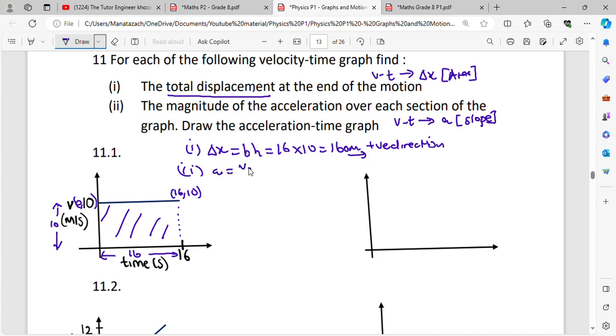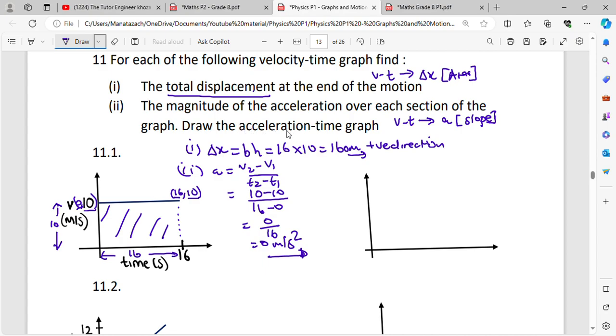Acceleration is v2 minus v1 divided by t2 minus t1. So that's the formula. Then v2 is 10 and v1 is also 10, so you'll have 10 minus 10 divided by 16 minus 0. So it will give us 0 divided by 16, which is 0 meters per square second.